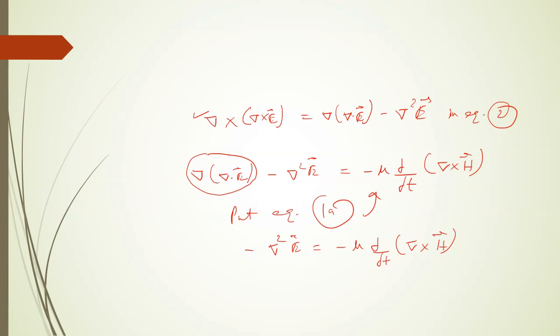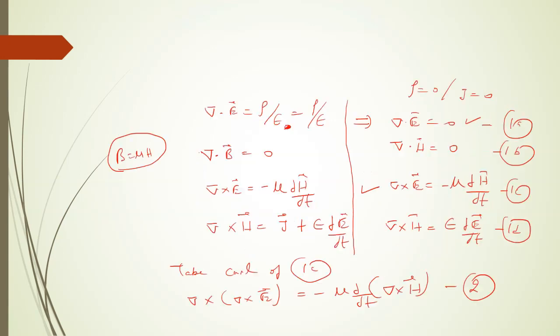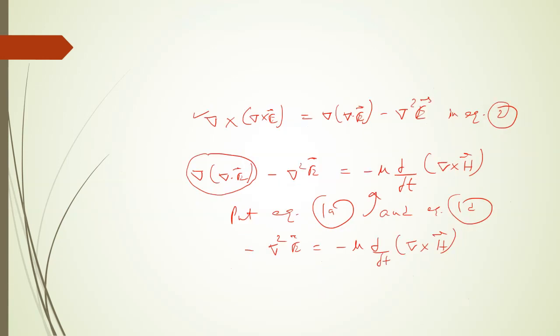Now you can also put equation 1d. Equation 1d is del cross H equals epsilon curly E by curly T. So you get minus mu epsilon d by dt of curly E by curly T. The minus signs cancel out.